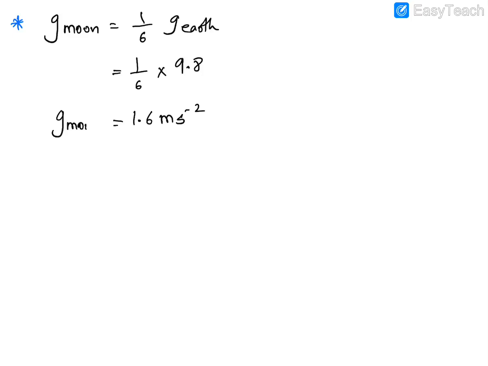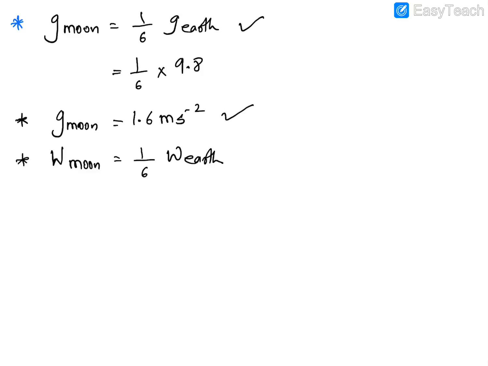So we will be using these two concepts: either gravity is 1/6 of earth or 1.6, depending upon the problem. Because gravity is 1/6, the weight of any body on the moon will be equal to 1/6 of its weight on the earth.